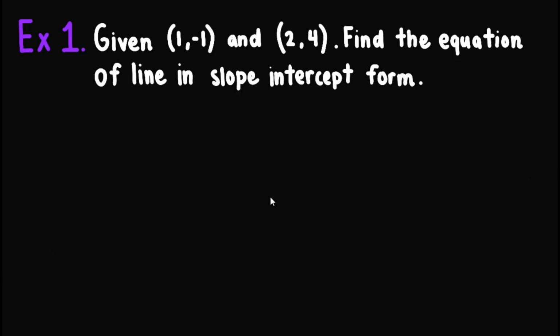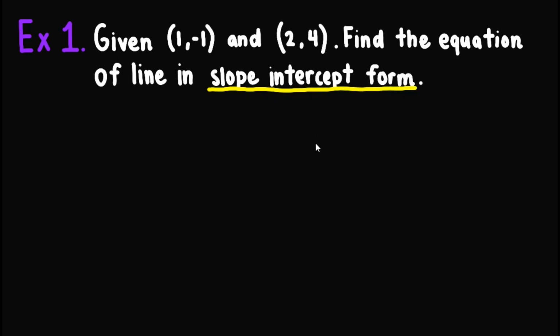Given the points (1, negative 1) and (2, 4), find the equation of the line in slope-intercept form. Now, feel free to pause the video so you can try this example on your own. Let's start. In here, we are tasked to find the slope-intercept form.